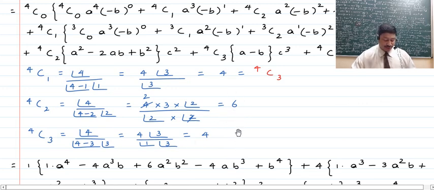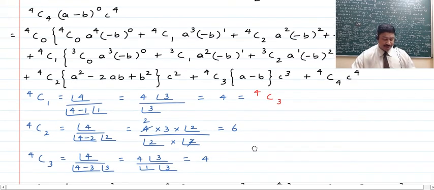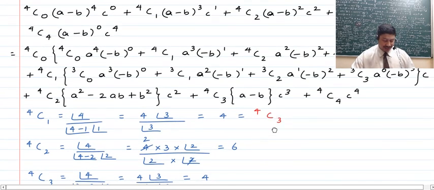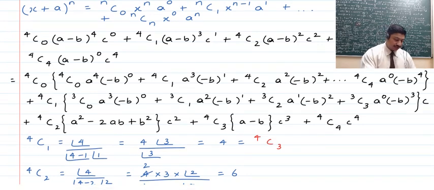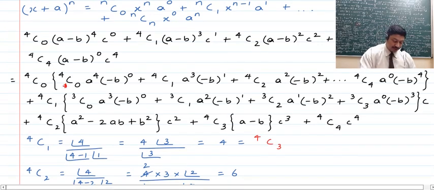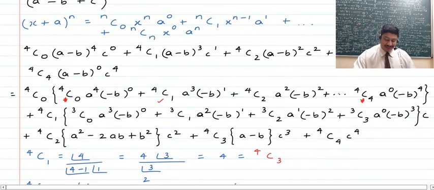Do remember that the first binomial coefficient will be equal to the last binomial coefficient. So 4C0 and 4C4 are one and the same. Similarly, 4C1 and 4C3, which are there in the dot dot dot space, will have the same value.